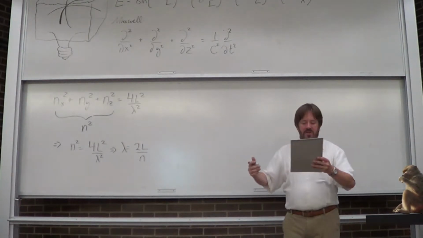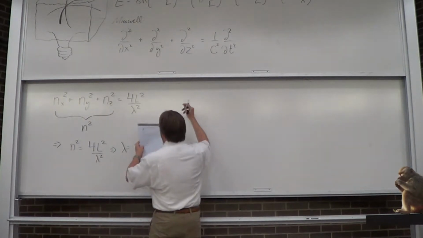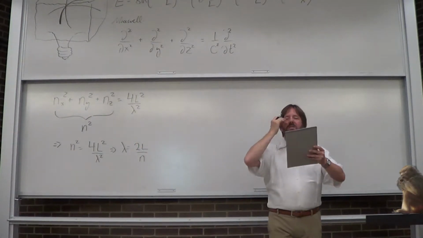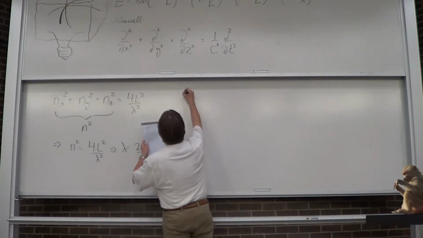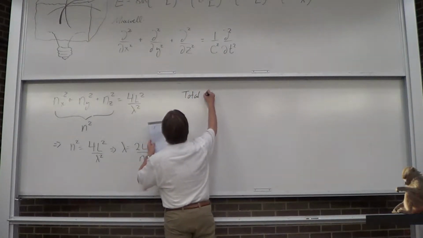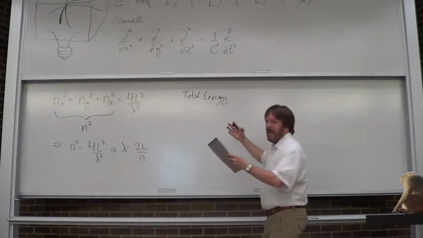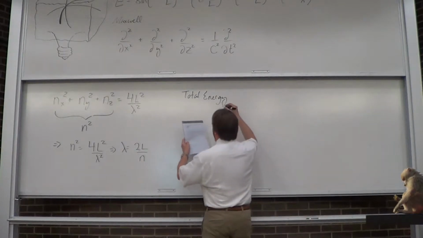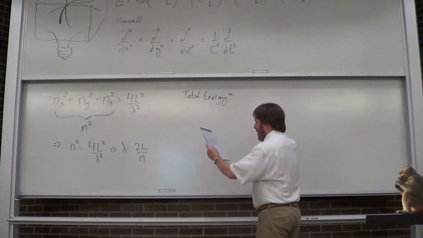It looks like we're almost done, but unfortunately we're not. Let me write some equations that are logical, like for total energy. And I'll be careful about not calling it E, because I've already used E for an electric field. And this is ultimately going to be temperature dependent.